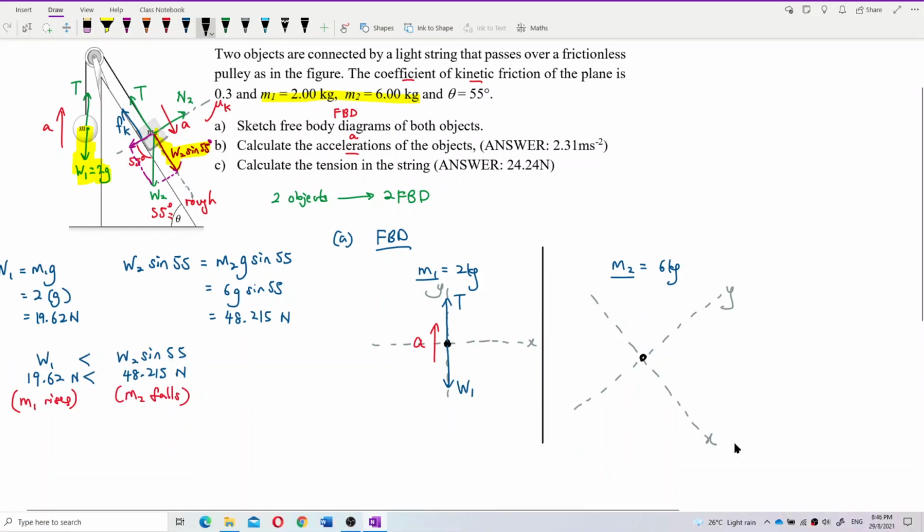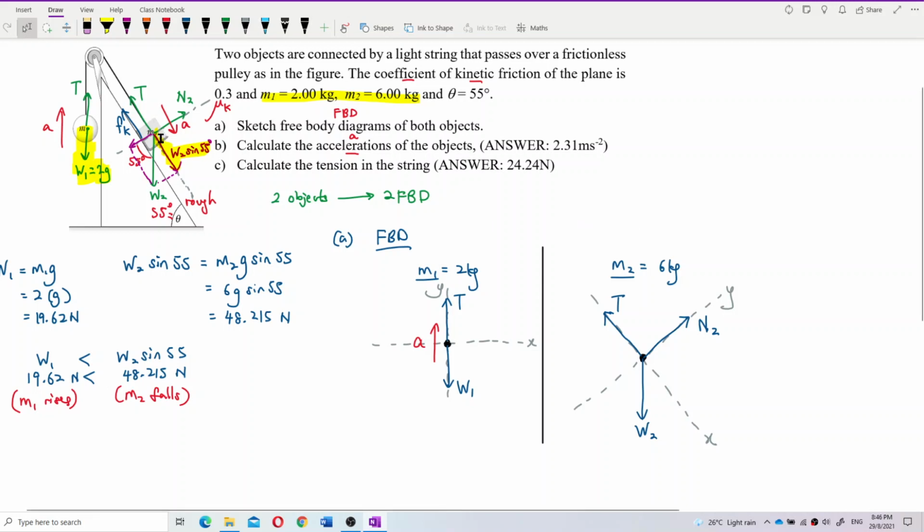Okay, draw the point mass only, don't draw the block. It has the weight, W2, the normal force 2, and the tension. And it has the friction.